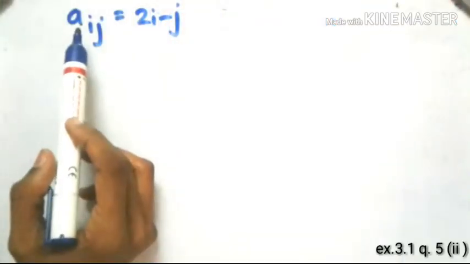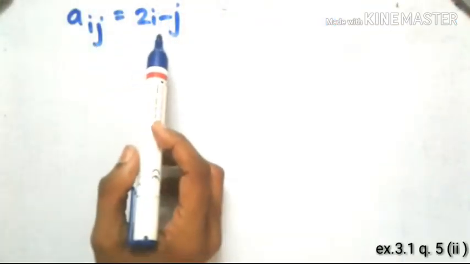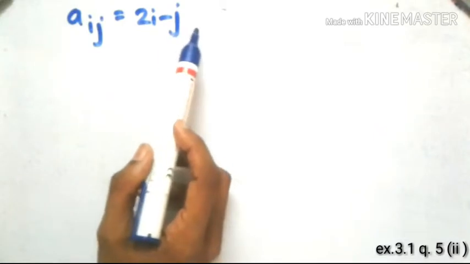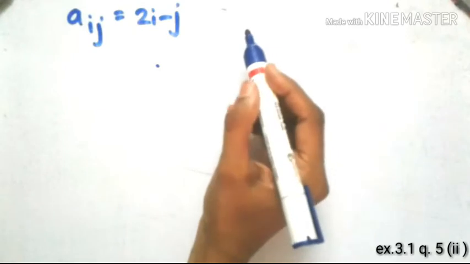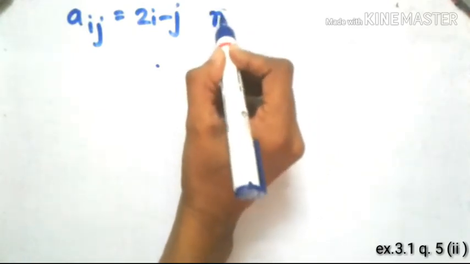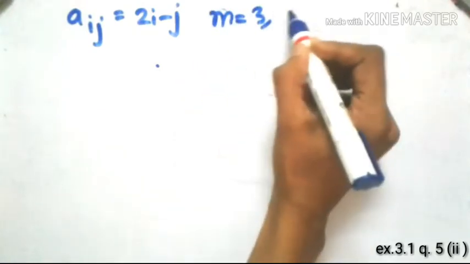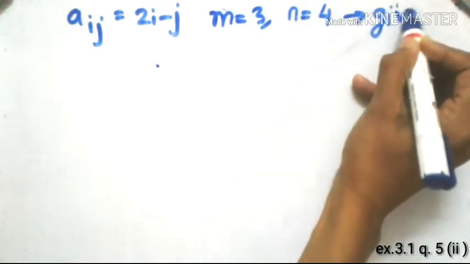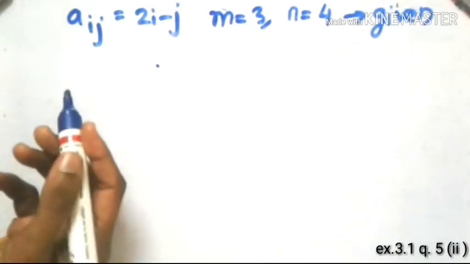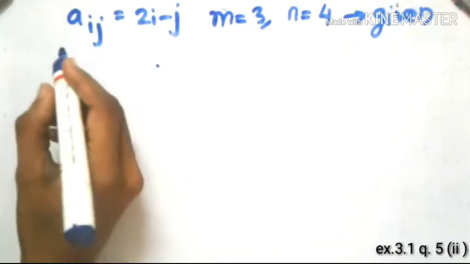The next part is that Aij is given as 2i minus j, and again we have to construct the matrix. The order of the matrix is given as 3 by 4. What does that mean? My number of rows is 3 and my number of columns is 4. So this is what is given to us. And what do we have to find out? That's right, we have to find out the matrix elements.